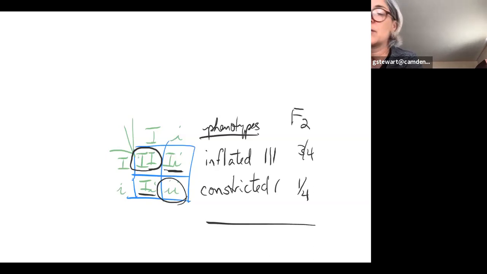Okay, this is not so bad, right? With me going through it with you and reminding you how to set it up. And then now you're going to have to do it on your own. If you look in the module, there is a handout titled How to Translate Genetic Word Problems into Punnett Squares. And at the end of that handout, I think, is the first set of practice problems. They are all monohybrid crosses.